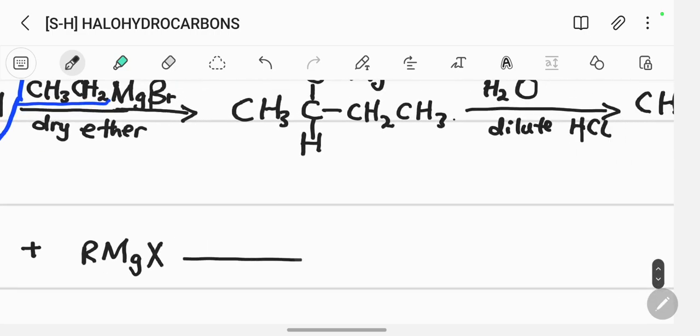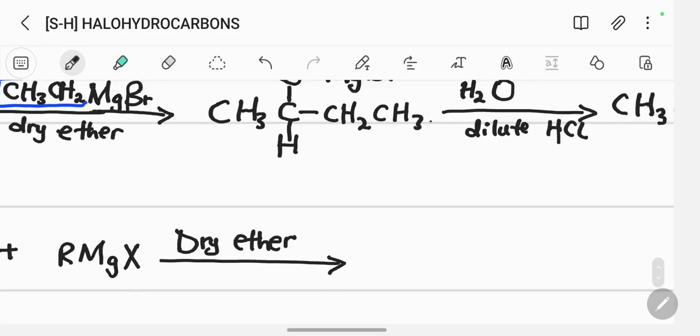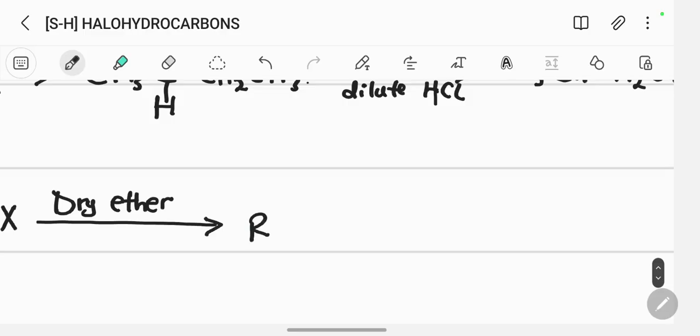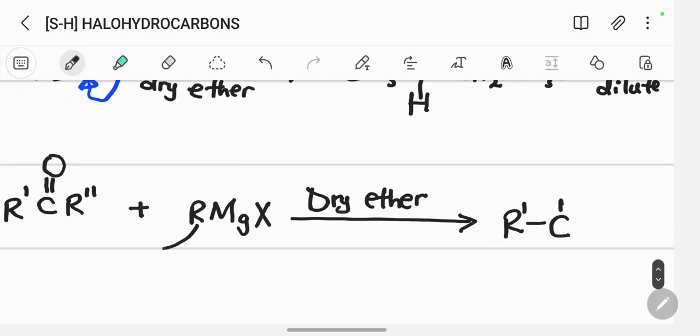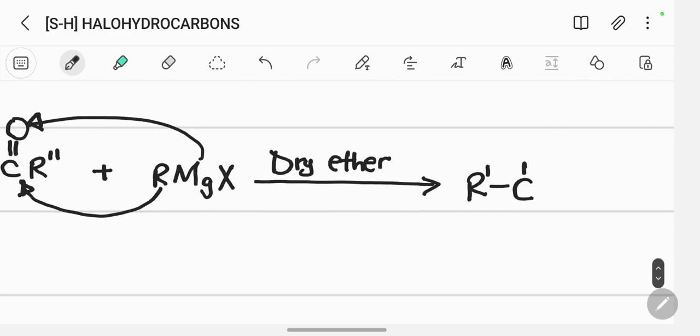It's going to be dry ether and it's going to give us R, C. We know very well that this R is going to be taken up by that carbon atom, and magnesium will go for the oxygen there.